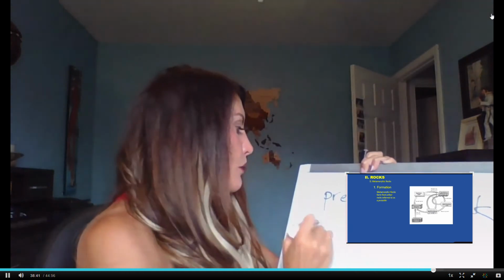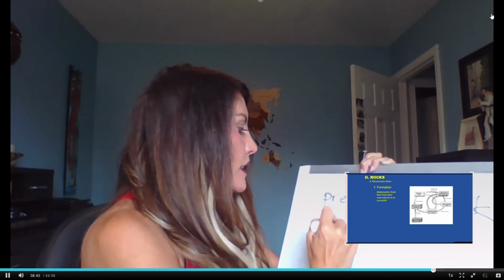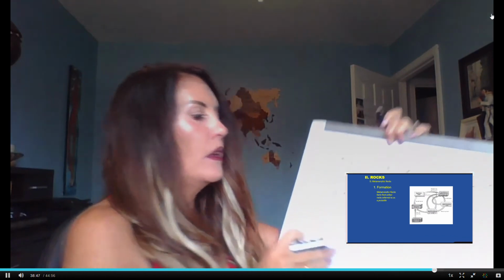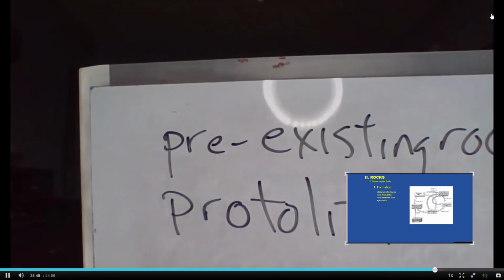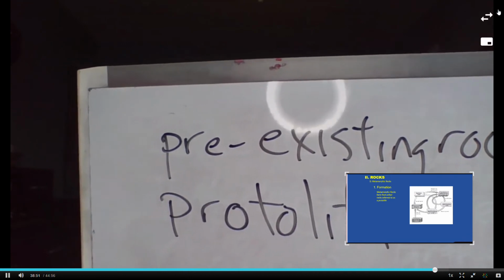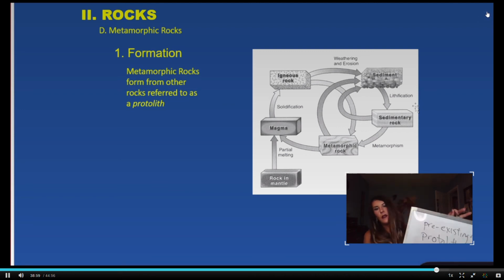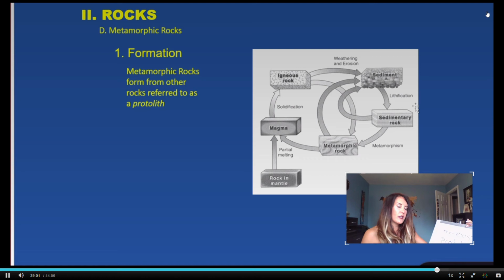So you have to have a rock in order to add heat and pressure to. And this pre-existing rock is called a protolith. Let's write that down. A pre-existing rock.